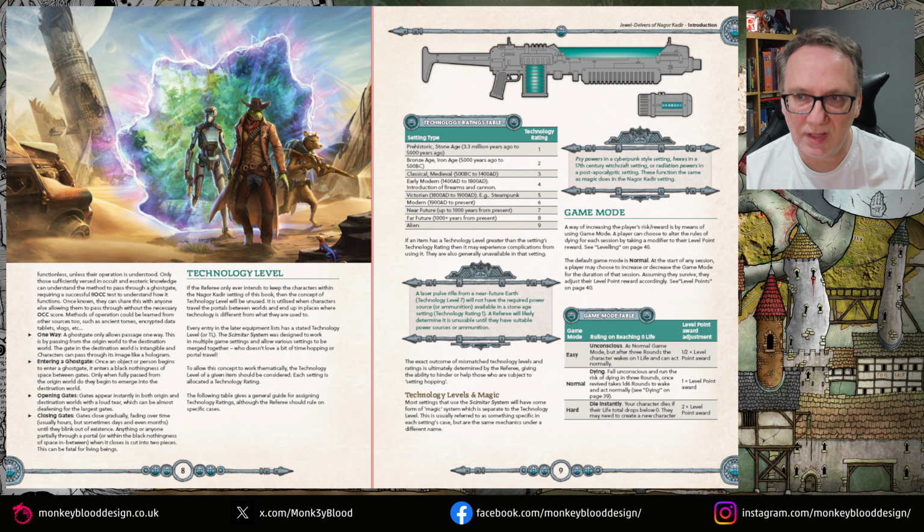That's normal game mode, and you get the level rewards for the session, awarded 1 times the level rewards. If you decide to play that session on easy game mode, when you hit 0 or less you're unconscious, and after 3 rounds you wake on 1 life. So you'd only get half of the level reward if you played that session on easy.